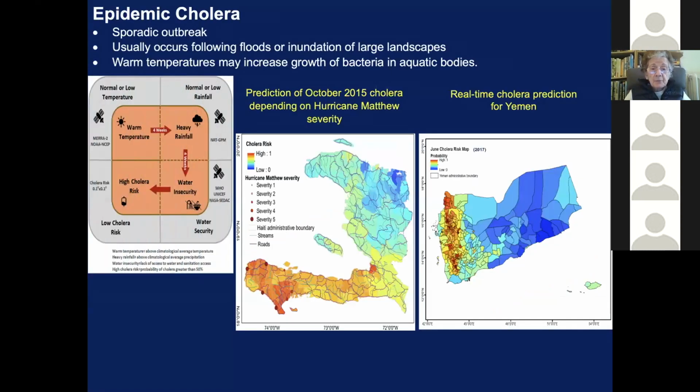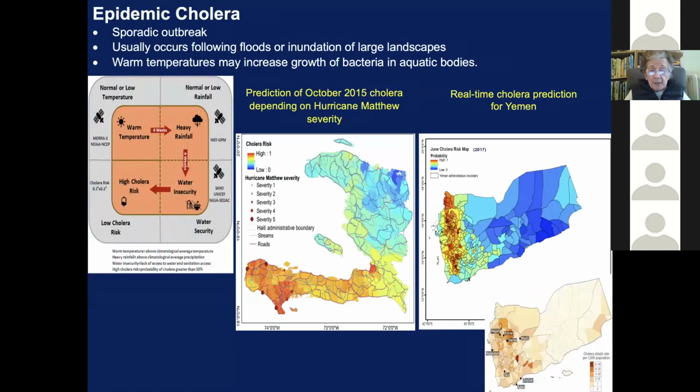So you will see that, based on our very successful cholera prediction of Hurricane Matthew and cholera in Haiti, and our very successful real-time prediction of cholera in Yemen in 2018, we were able to demonstrate a significant reduction with our colleagues, the British Aid Agency, DFID, UNICEF, the British Meteorological Organization, which provided us with the rainfall and other meteorological data for Yemen, and then our model work at the University of Maryland.